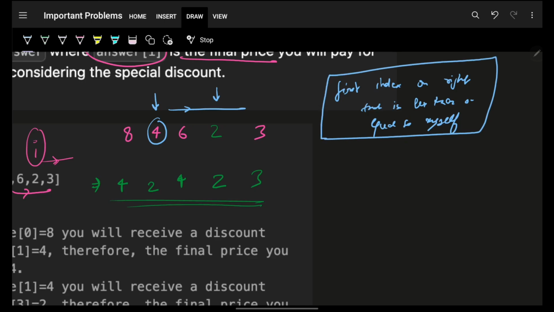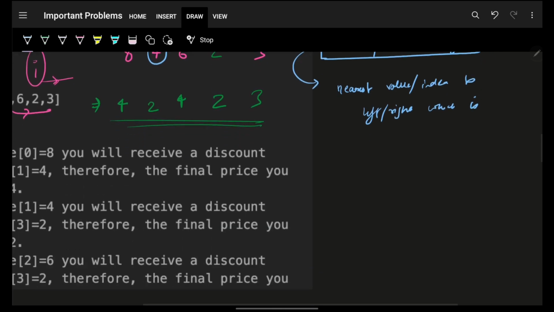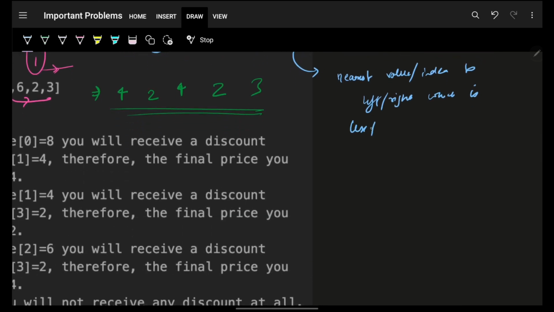This term is very standard. This is also termed as nearest value or index to the left or right, which is lesser or higher than myself.